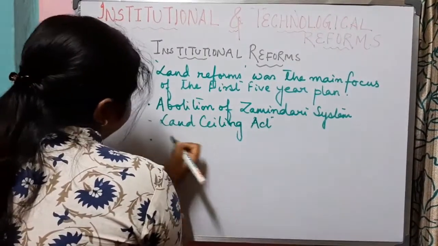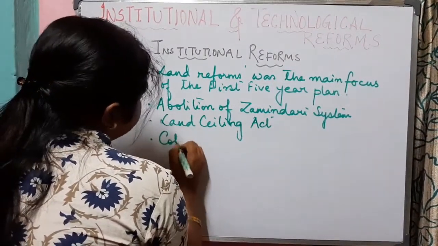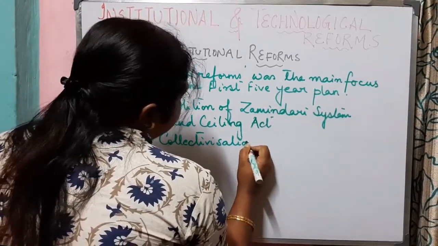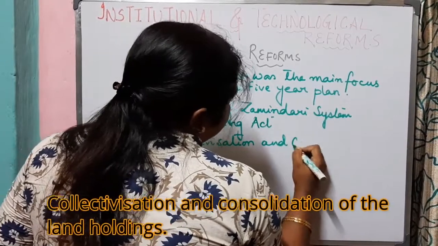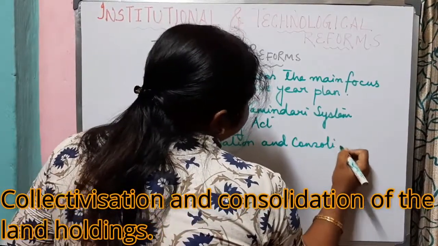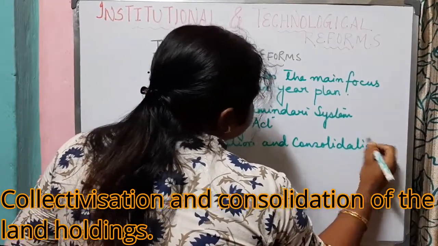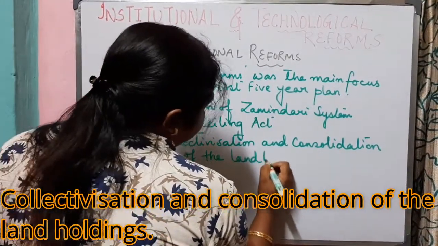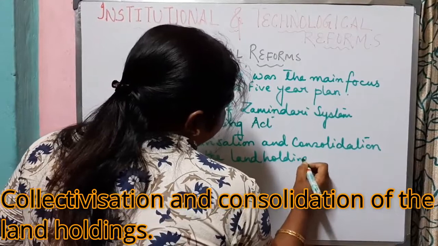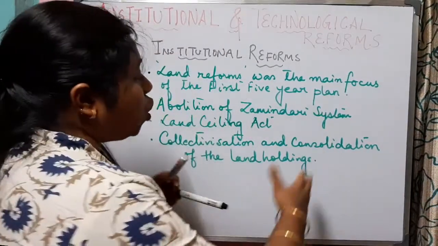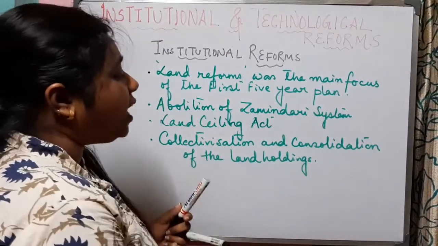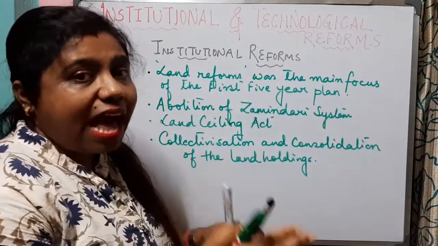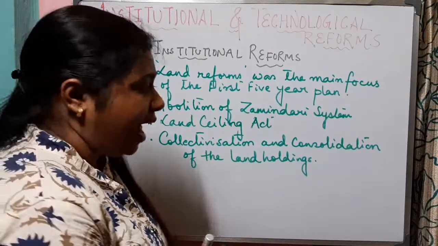Then, the government also introduced the collectivization and consolidation of the land holdings. Now, consolidation was carried out by the government as the lands were scattered and it led to wastage of land.